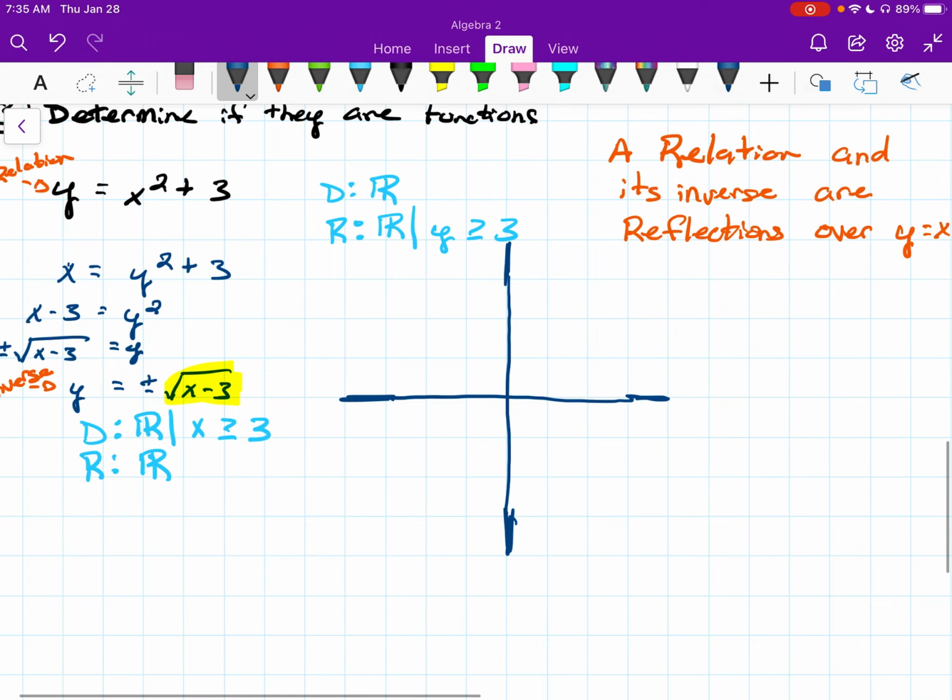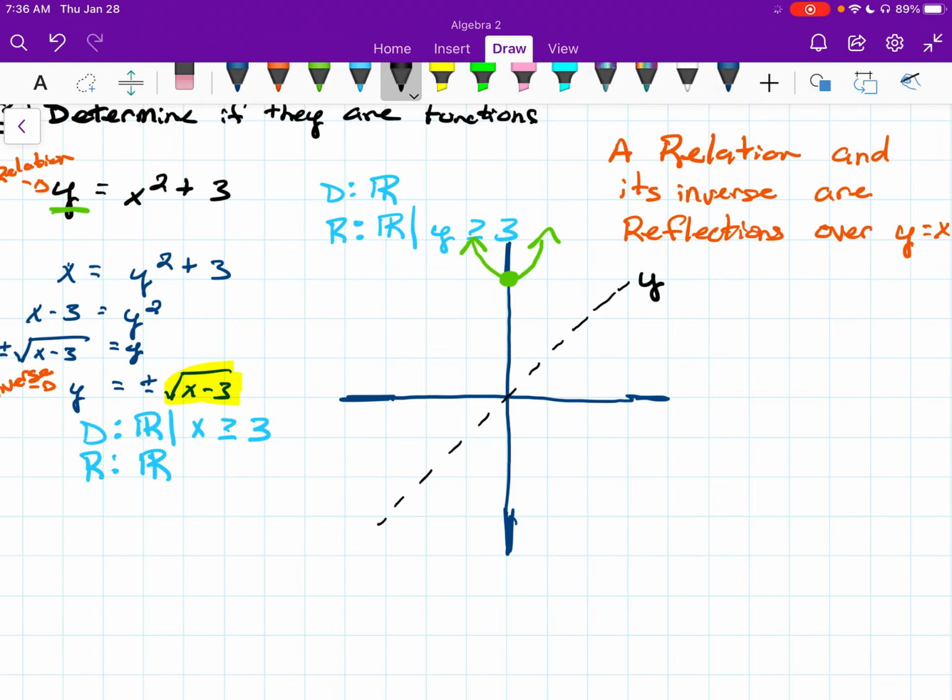So our relation, I'll graph it in green. We're going to have y equals x squared plus 3. So my vertex is at positive 3, and my parabola is facing up. And I'm just going to go that far with it. Now, if we were to graph our y equals x, that'd be that.